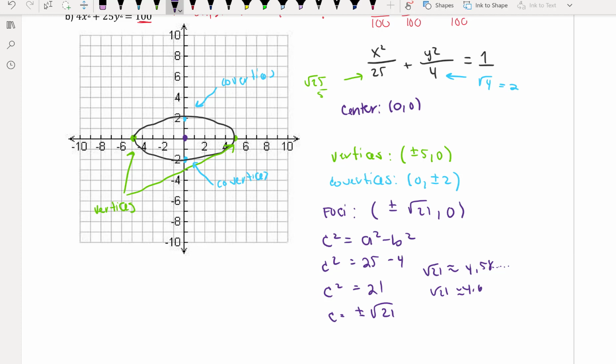I know it's slightly past 4, so let's say that's going to be here. So that's going to be my foci. Okay. Well, I hope that helps in how to draw these ellipses and these circles.